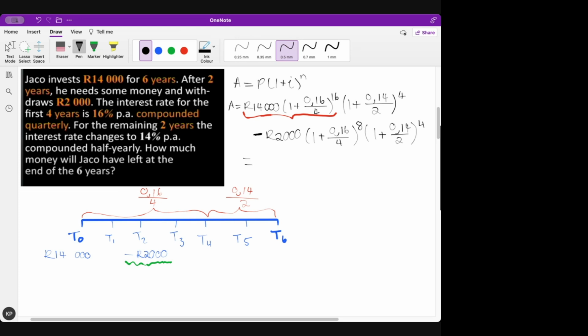So you say in total, this is how much the person would have earned. But somewhere along the line, this person withdrew 2,000 rands, which would have earned a theoretical interest. So you say, not only did they take out 2,000 rands, they took out 2,000 rand with its interest that it would have earned. Does that make sense?